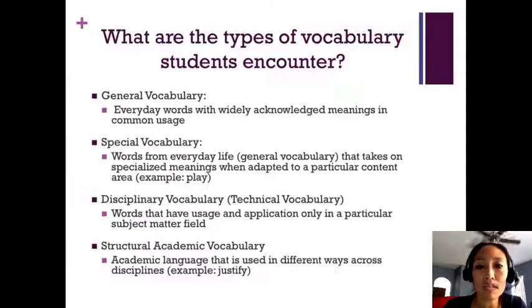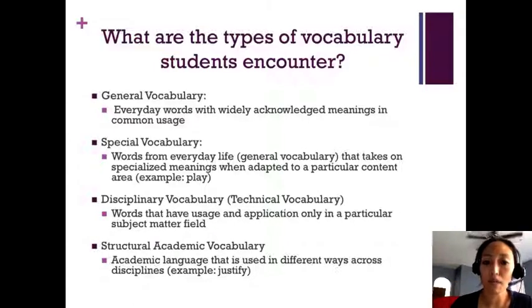And we don't need to spend a lot of time on general vocabulary in our secondary classes unless we have a large number of language learners, right? So if you are a world language teacher or if you have beginning or emerging level English language learners, then you may need to spend some time on some more general vocabulary words, particularly if they're in idiomatic phrases. But generally, it's the other 3 categories, starting with special vocabulary.